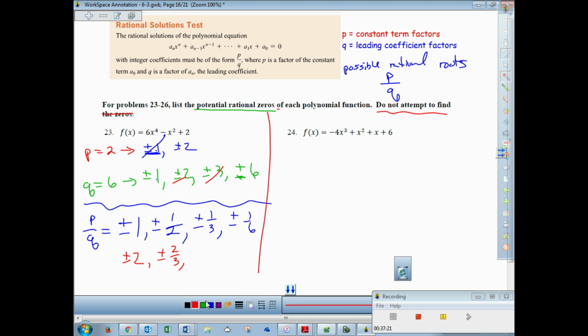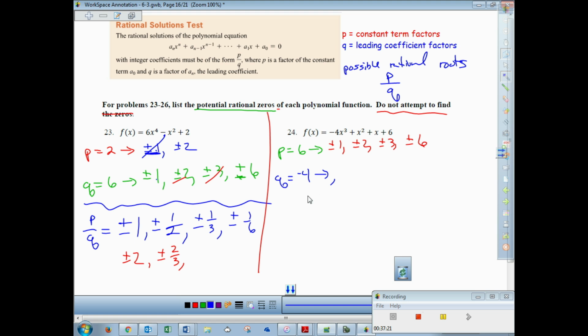Cool? Let's do 24. Who's the p-value? P is the constant term. He is 6, right? So all the factors of 6: plus or minus 1, plus or minus 2, plus or minus 3, and plus or minus 6. Then the q value is the leading coefficient, which is negative 4.